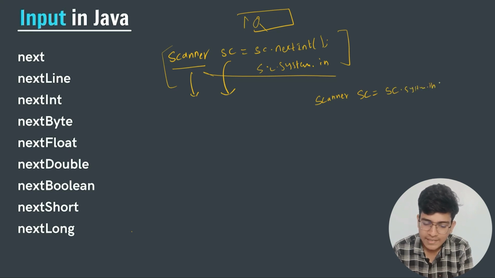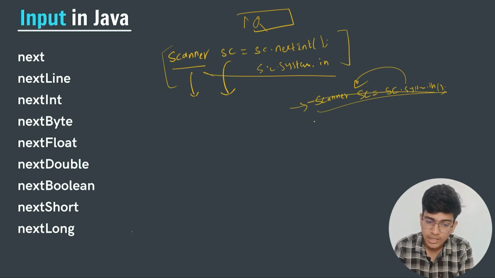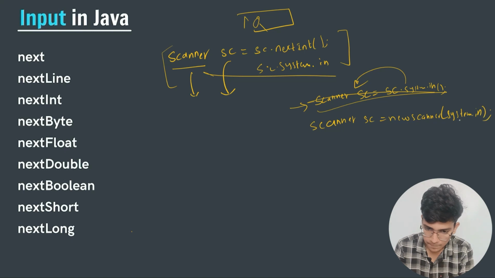So these are the lines I will write here: Scanner sc is equals to new Scanner, and in this I write System.in.